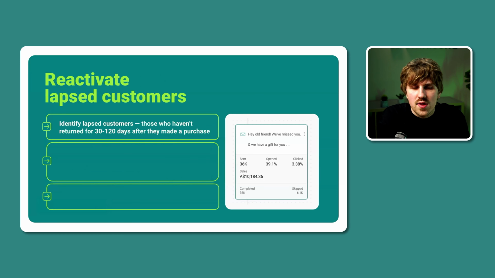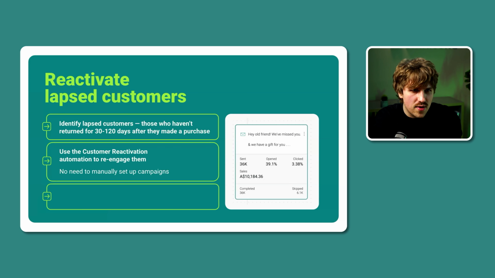And you have to identify the customers, so those who haven't purchased for a certain time, but have purchased some time ago. So they have some incentive. They are interested in your brand, and you use the customer reactivation automation to re-engage these customers. No need to manually set up the campaigns. It's going to do the job for you. Every time a customer enters that segment, you can set up the automation, it's going to send, and you can forget about it.